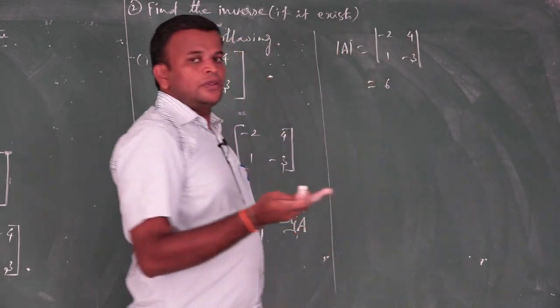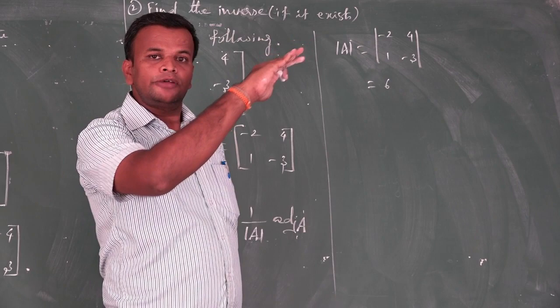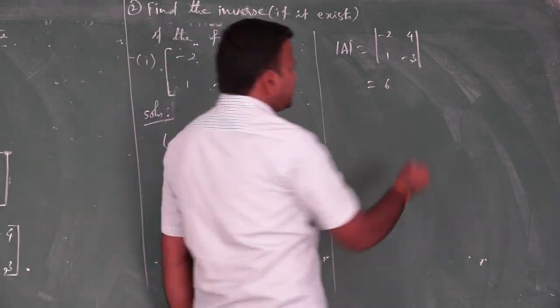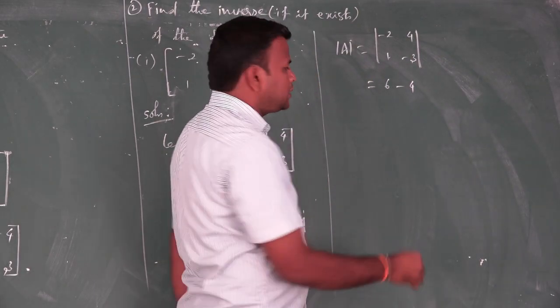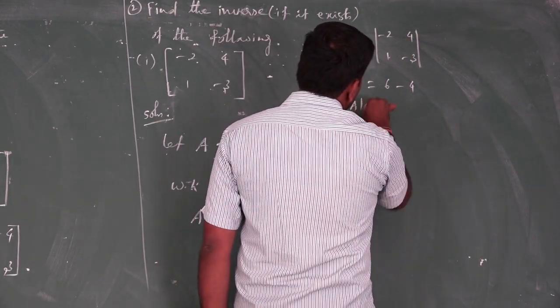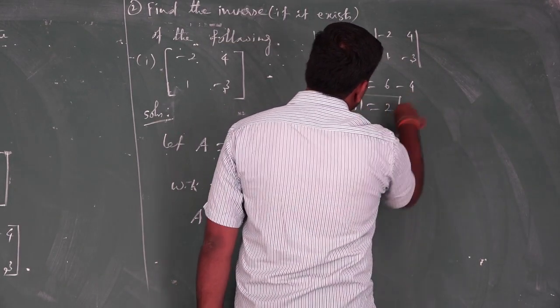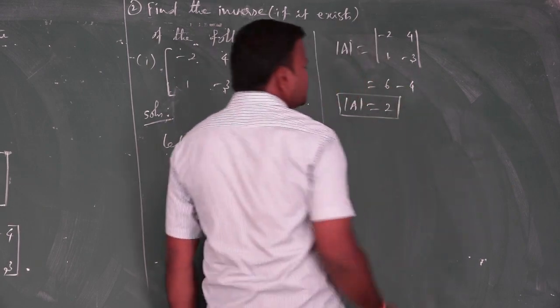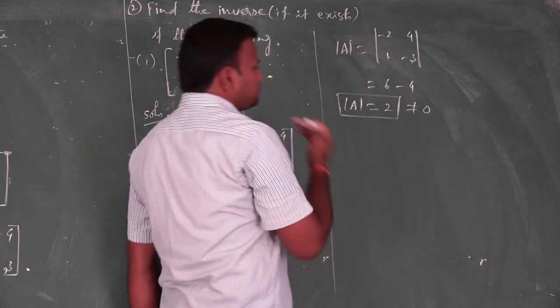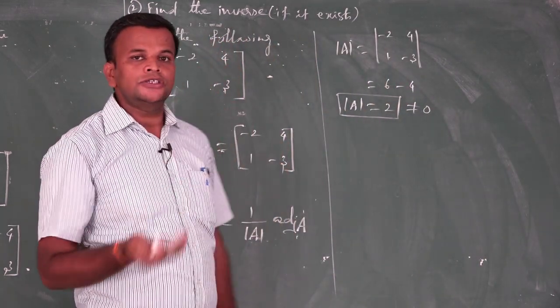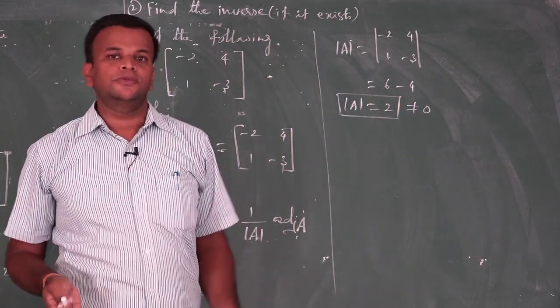The next step, we multiply the remaining 2 elements with a minus sign: minus 1 into 4, minus 4. So the determinant of A is 6 minus 4, which is 2. 2 is non-zero, so the determinant of matrix A is non-zero, therefore A inverse is possible.